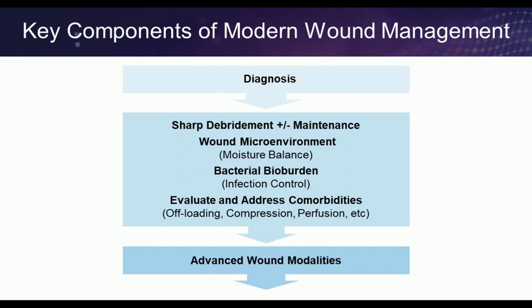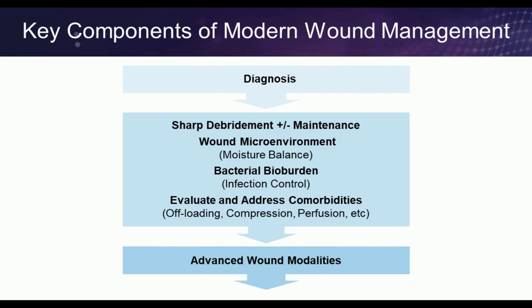So that would include sharp debridement, routinely, which we do in almost all our patients, maintenance debridement with enzymes at home, possibly. Addressing the wound microenvironment. Is the moisture in the wound something that can be addressed using dressings that are either absorptive or provide hydration?